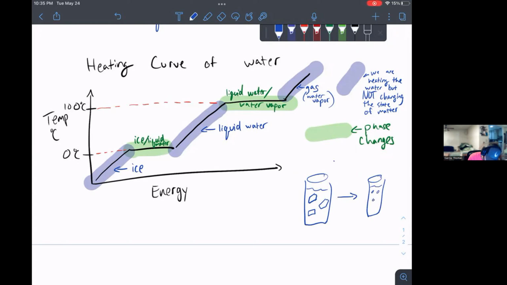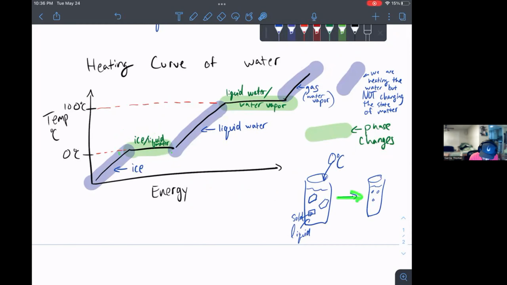Now, if we assume that our water initially was 0 degrees Celsius, and we have both liquid and solid, then we're probably at 0 degrees Celsius. We're probably at this range in our curve.